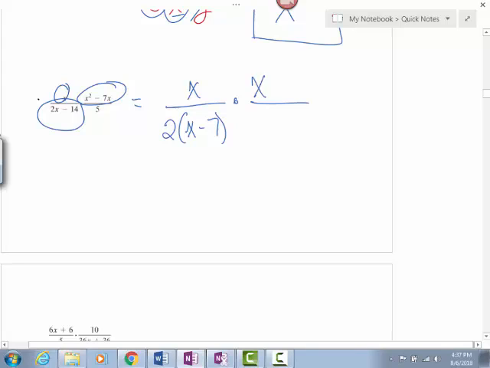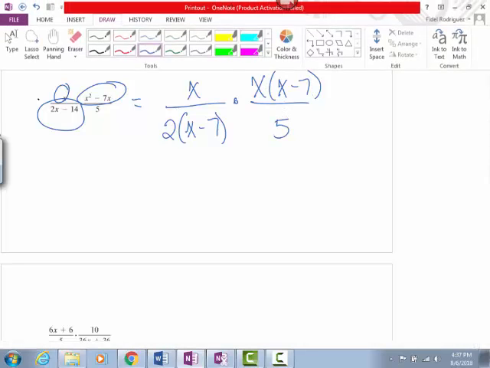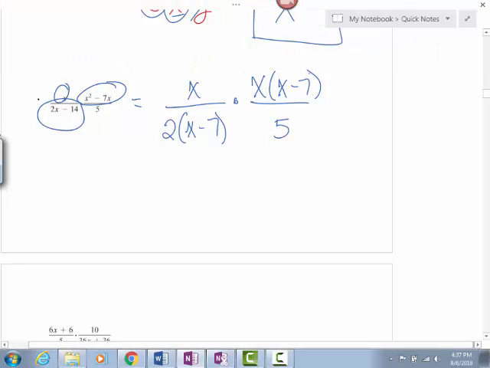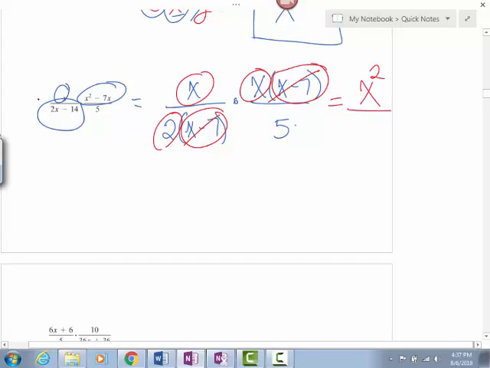We can factor out an x. We're left with an x minus 7. At the bottom, we just have a 5. So now this x minus 7 and this x minus 7 will cancel each other out. We're going to multiply straight across, so x times x will leave me with an x squared, and 2 times 5 will leave me with 10.